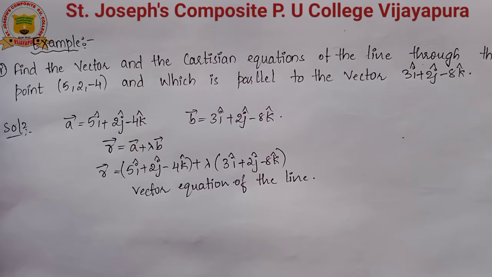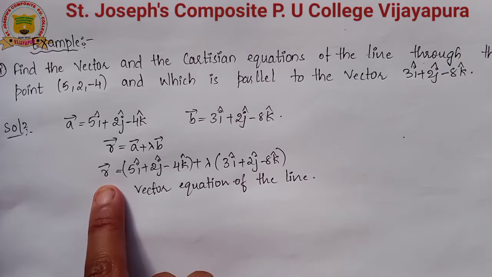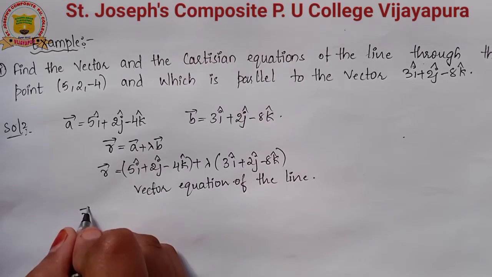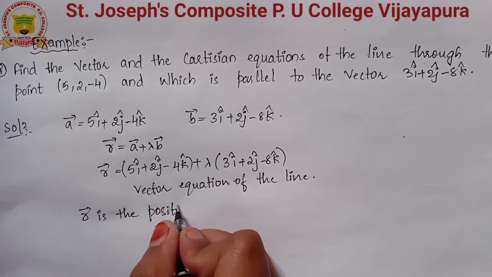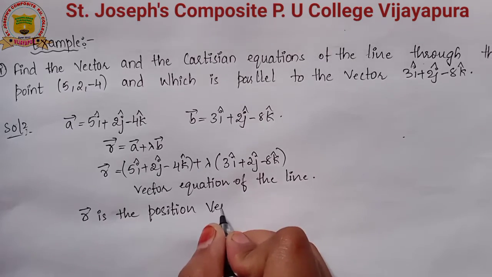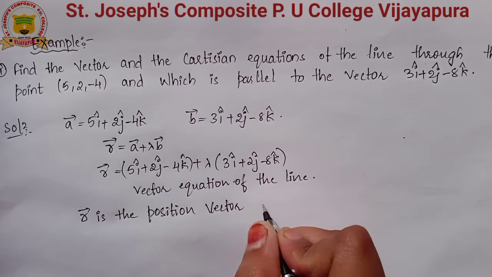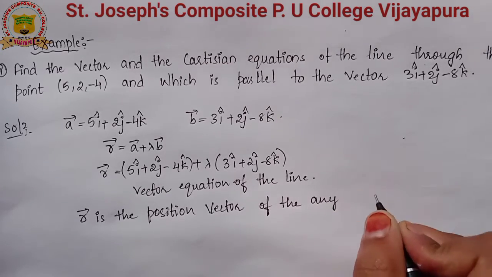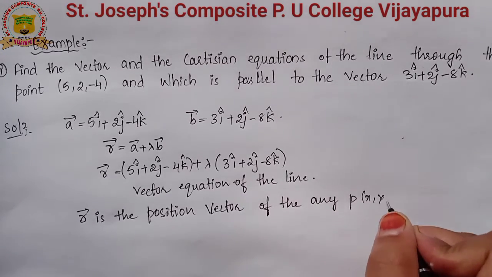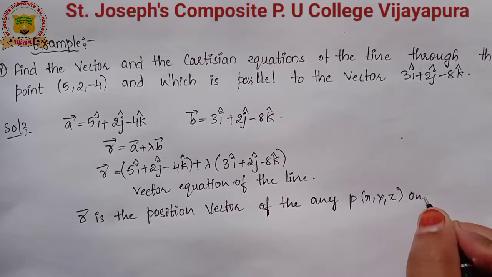Now we shall find the Cartesian equation of the line. You know the vector R is the position vector of any point say P (x, y, z) on the line.